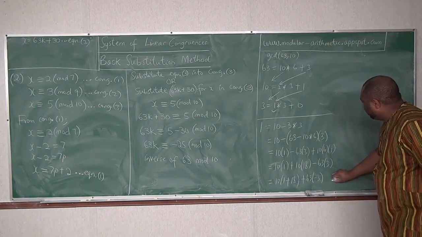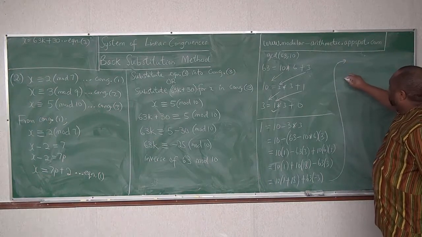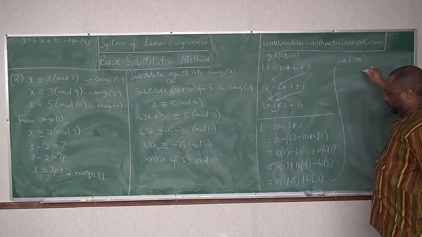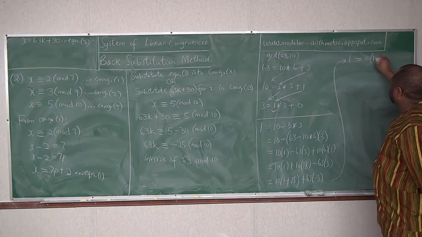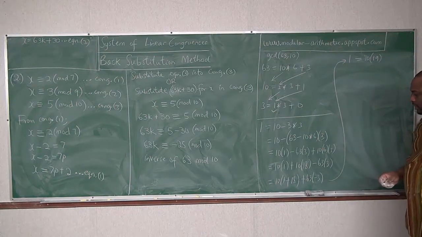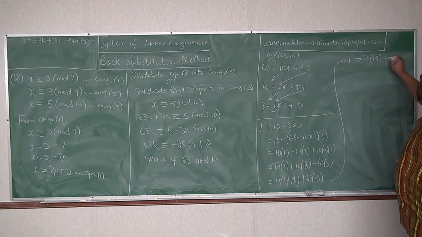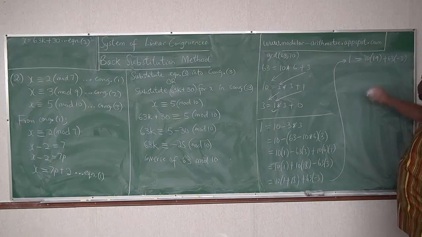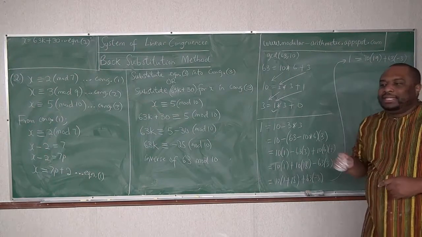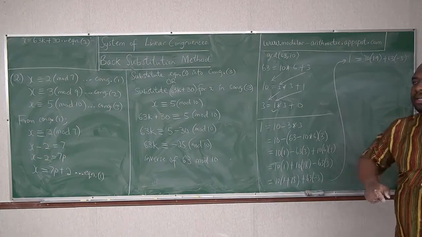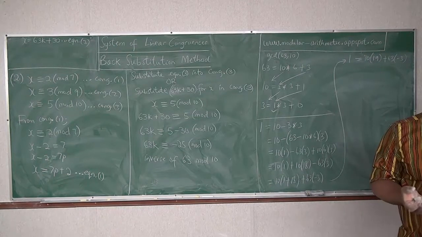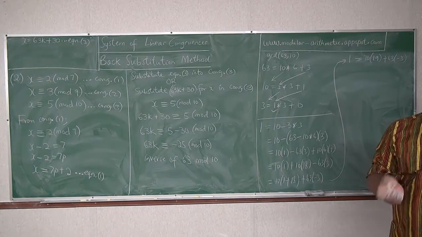So this means that 1 is equal to 10 times 19 plus 63 times negative 3. Let us check it. 10 times 19 is 190.